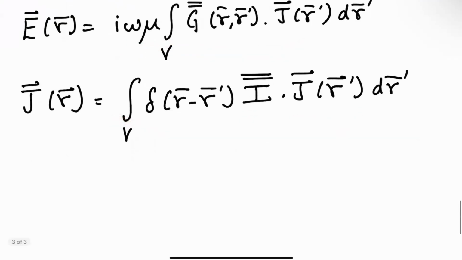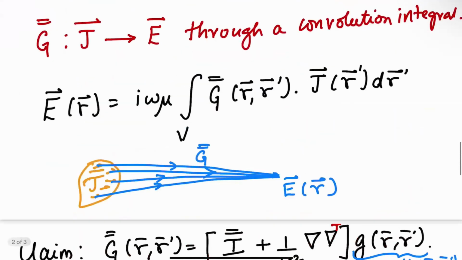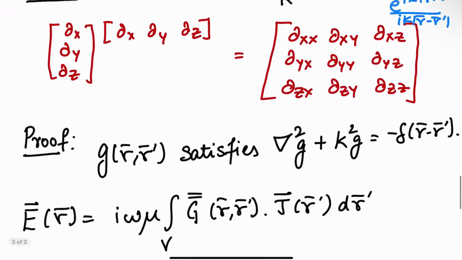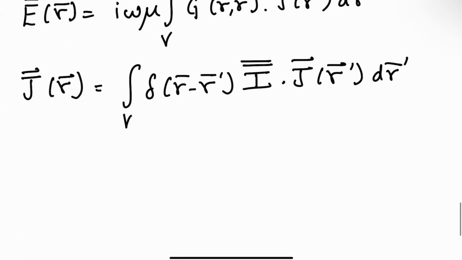Okay, so now what I'll do is substitute this and this into our vector wave equation from earlier, which is this one. And then what do you get?